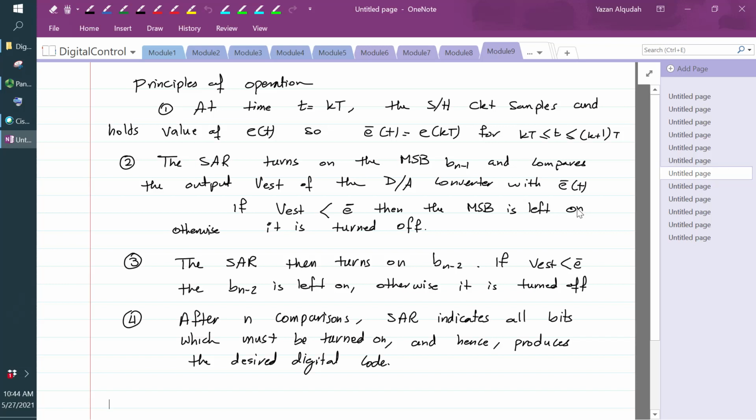Okay, so this is the description of the operation as we talked about. After the comparisons, the SAR will indicate all the bits which must be turned on and therefore produces the desired code for that sample value.